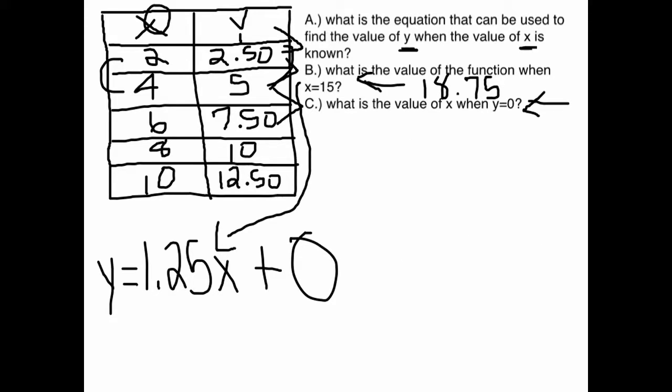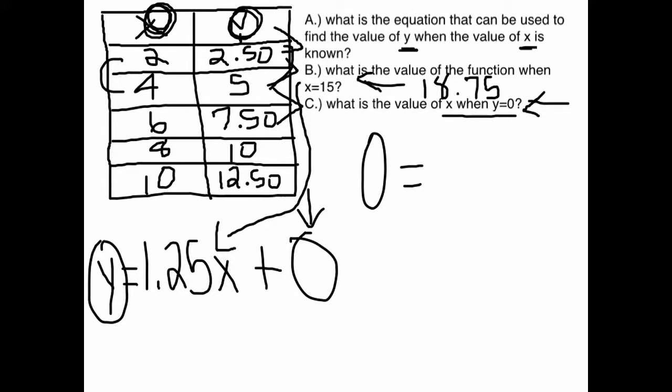Now let's answer part C. What is the value of x when y is 0? Well, based on my table, I actually already know that. The value of x has to also be 0, because if the value of y was 0, that was my y-intercept. But I can still go ahead and plug it in. So all I'm going to do is plug in 0 for y. So 0 equals 1.25x plus 0.